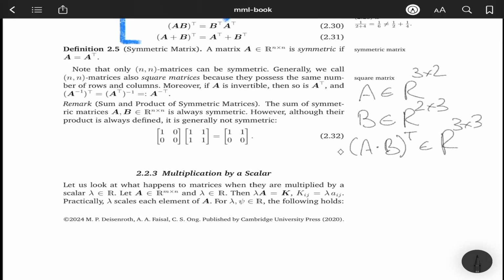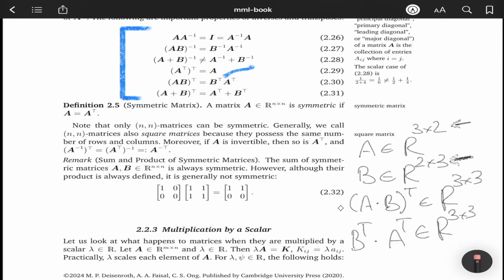And if we do B transpose times A transpose, if we transpose B, we flip this one, and this one is flipped too. So 2 times 3, and this one would be 3 times 2. So we have 3 times 2 and 2 times 3, which equals 3 times 3. Makes sense. So at least we know that the dimensions make sense.